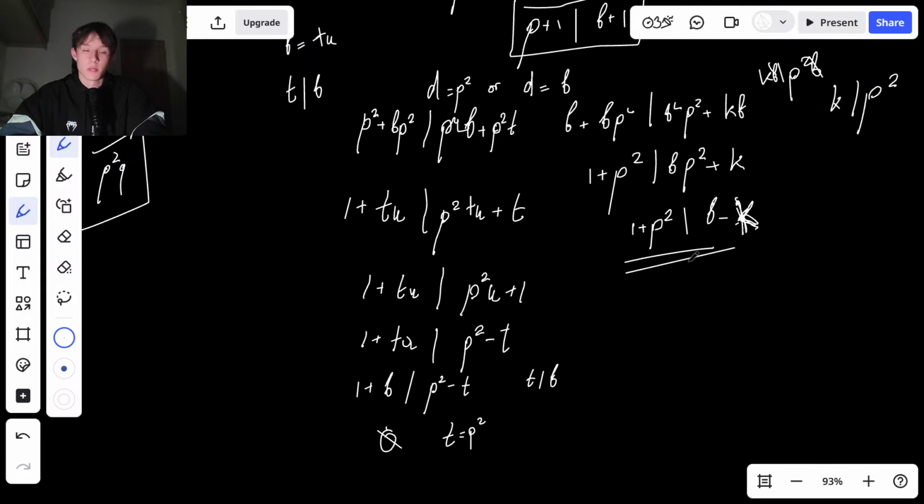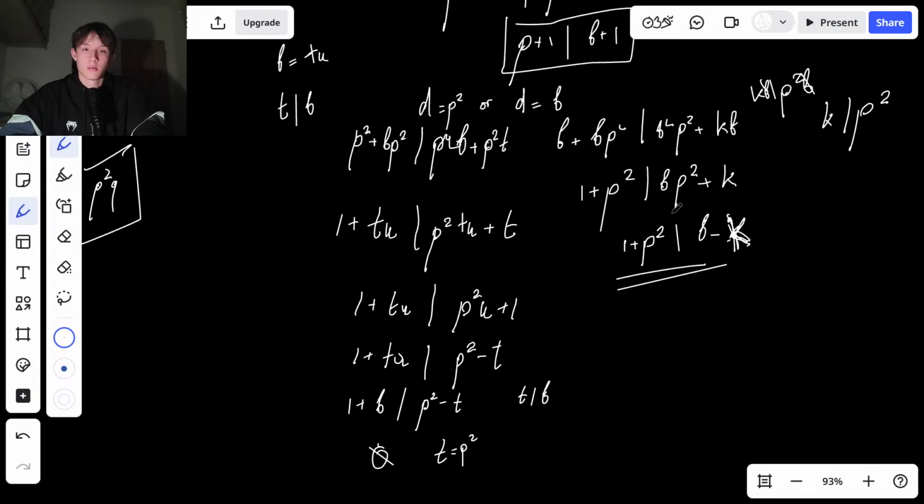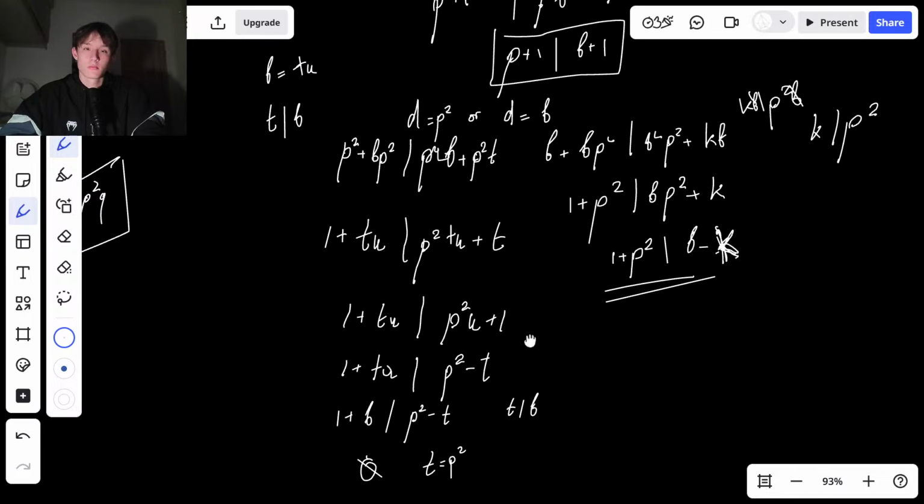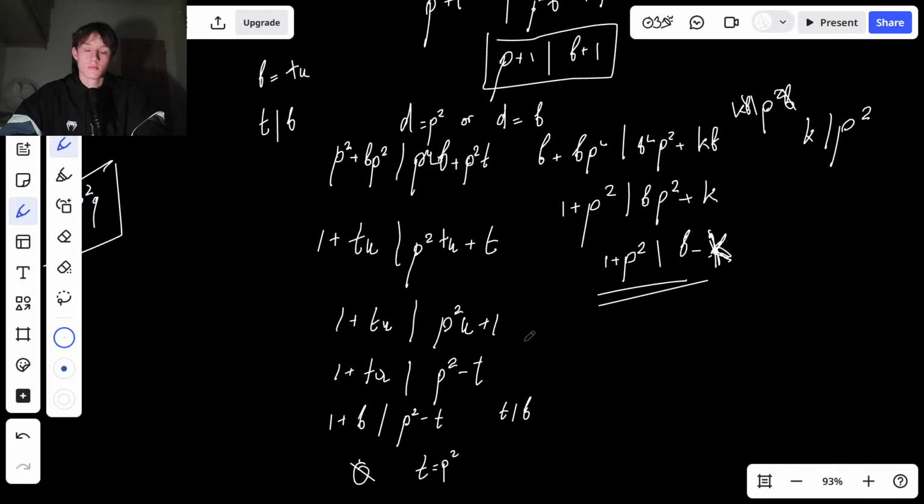Then b must be divisible by p squared. So b then is like u p squared, right?